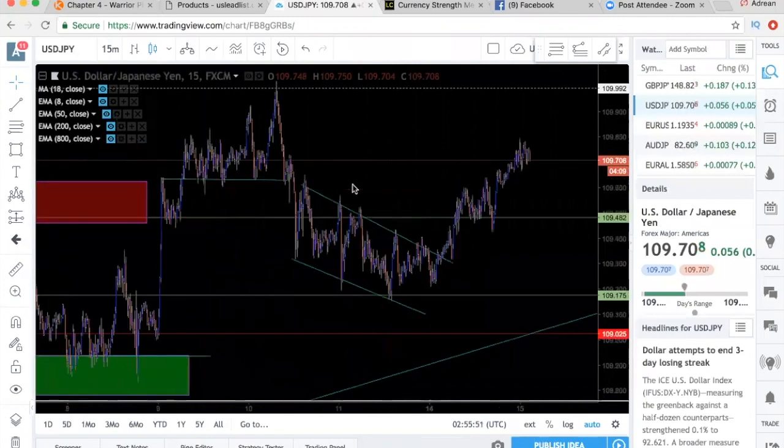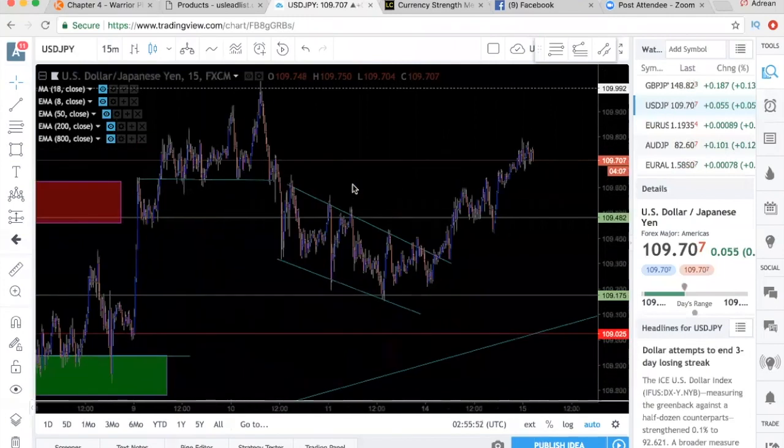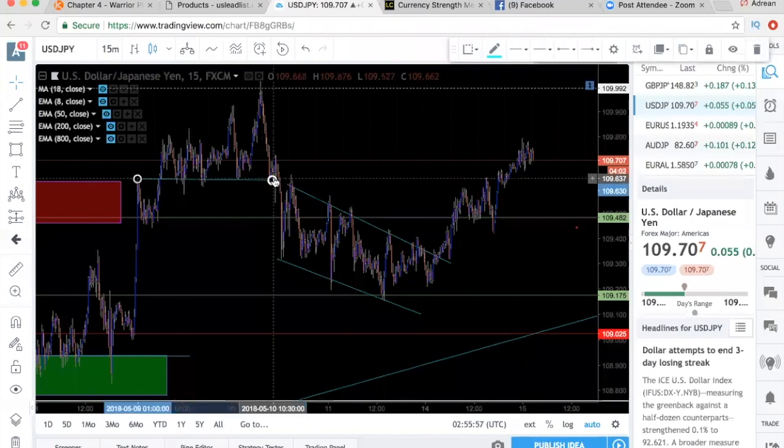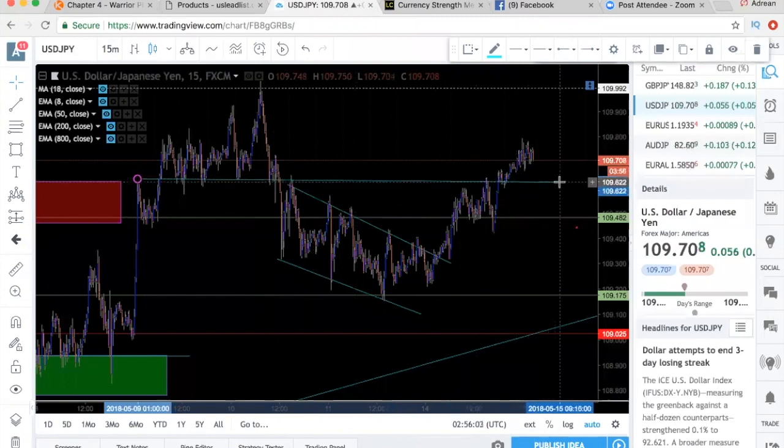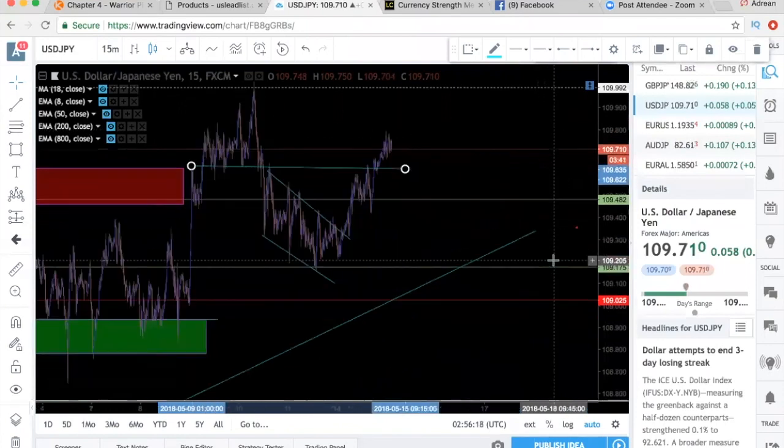Yeah, UJ does follow the dollar index because the primary pair is USD. Exactly. So even with this, we see how the market came up. The market could possibly pull back here, find some type of support, and then go up some more, or it can break this area, find resistance, and then go down some.